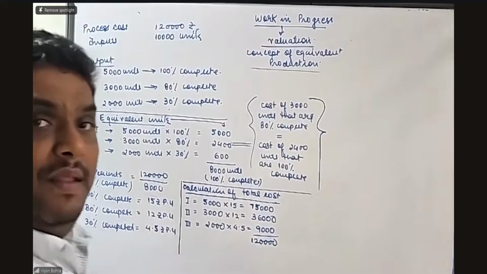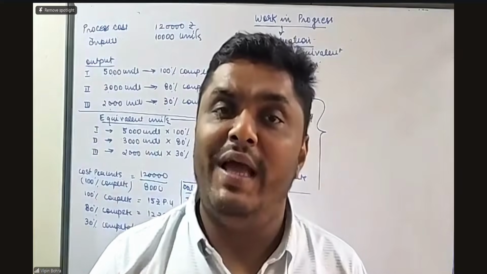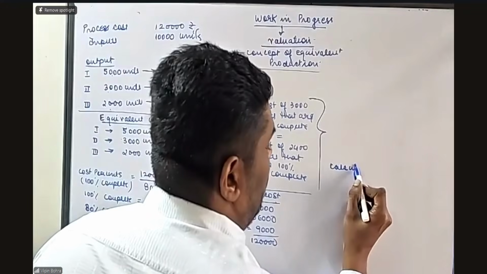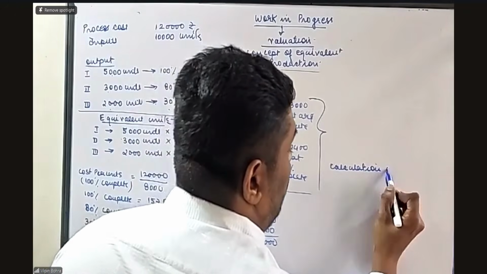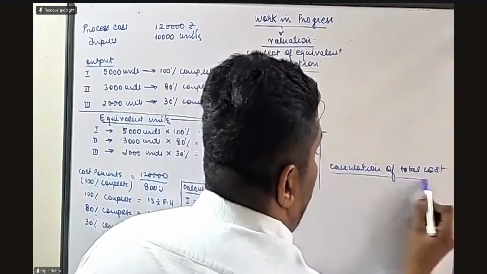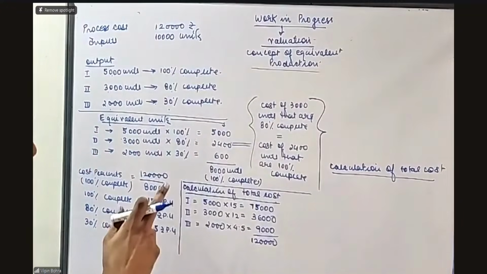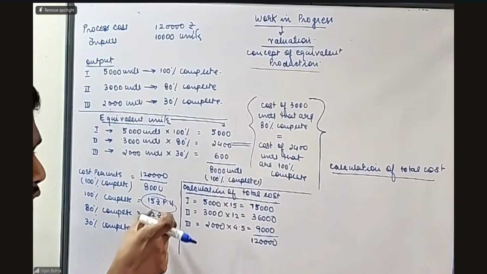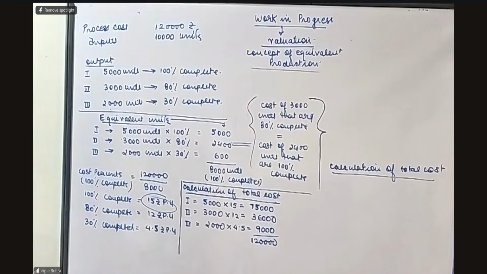Now see, there is an alternate way to calculate the total cost. If we are able to calculate this amount, that is rupees 15 per unit, no need to do this additional exercise.